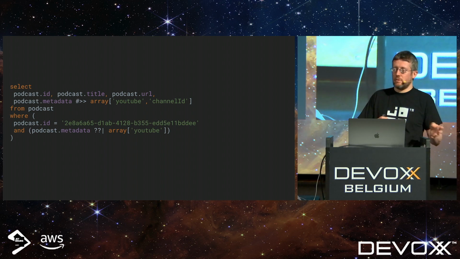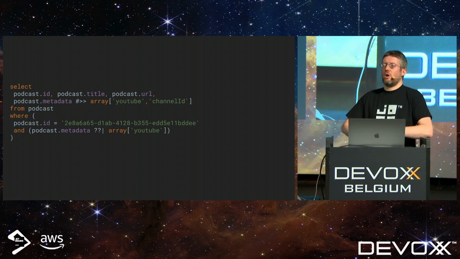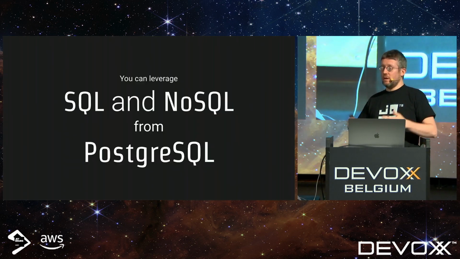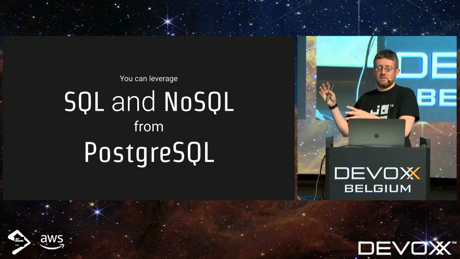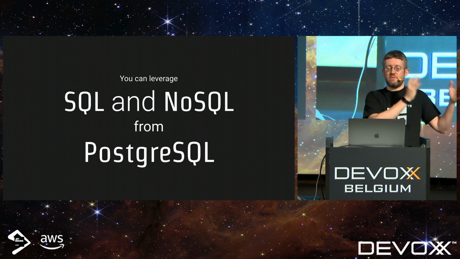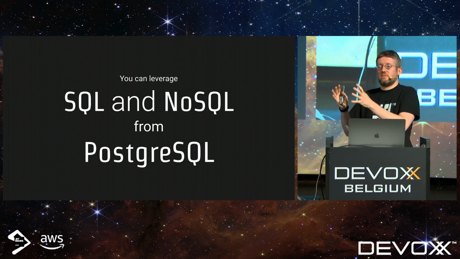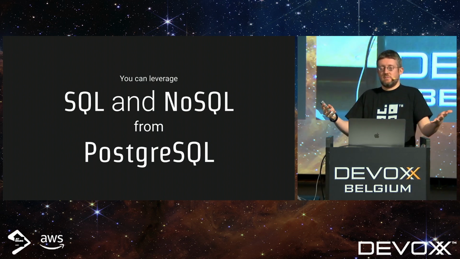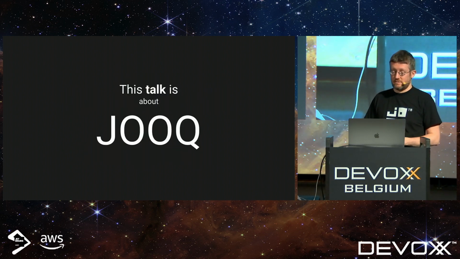So very simple. And then you can leverage all the features from the JSON side. So for me, I don't have any reason to use any NoSQL stuff, because I have the powerful parts of SQL and NoSQL at the same time with plain SQL everywhere. So there is no discussion about that.